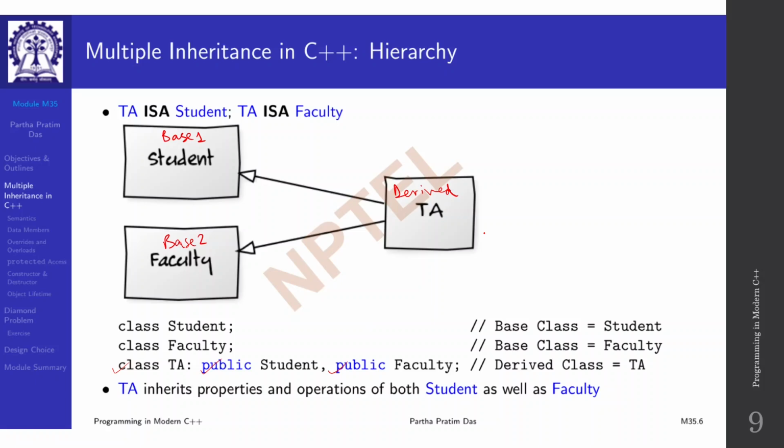Now what does this mean? We can write this line, but what does this mean? This means that all of the data members of the student class will be inherited into the TA class, and all of the data members of the faculty class will also be inherited, and all the functions will be inherited too. So the TA class will contain all the data members and functions of student and faculty. Of course when we are doing this, there is a scope of name clash.